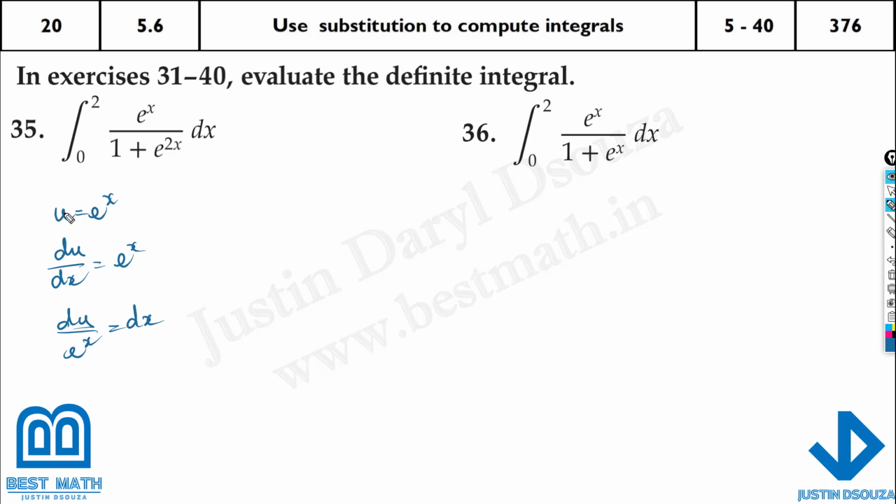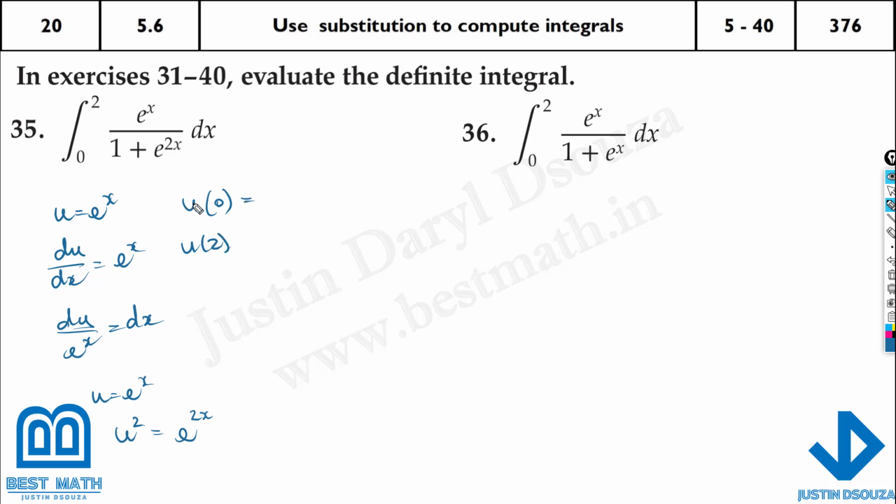But what if I square the first given term? U is equal to e to the power x, right? What if I square this up? U squared will be e to the power 2x. Now, what if I write over here as u squared? That will work, absolutely. And what about the limits? Limits would be u of 0 and u of 2.